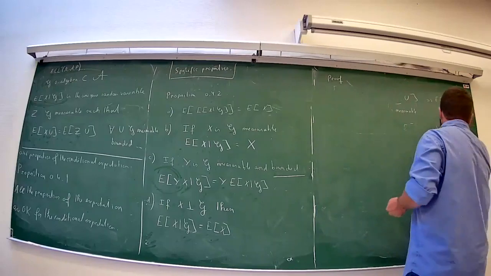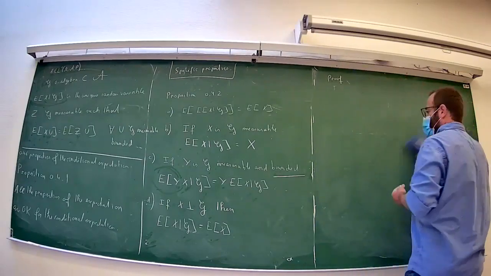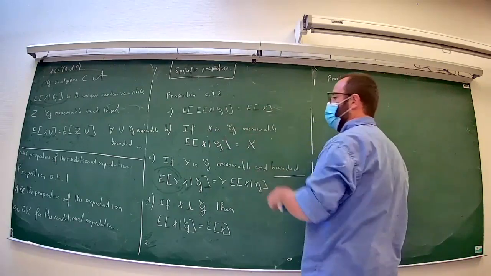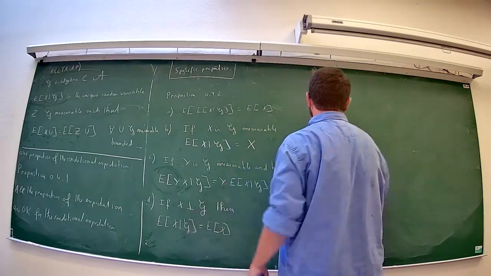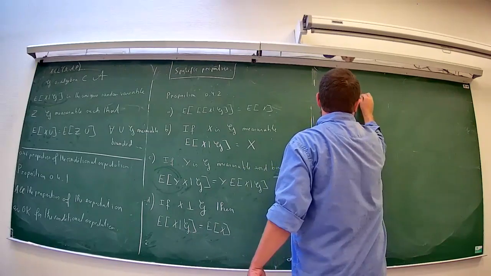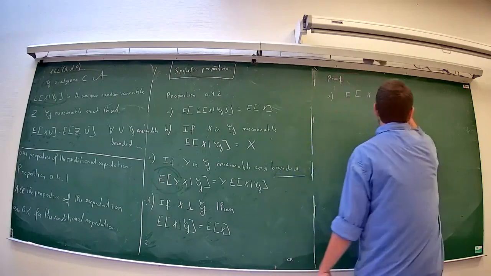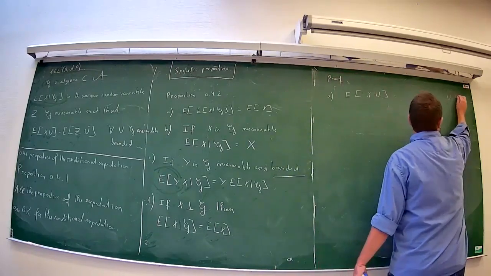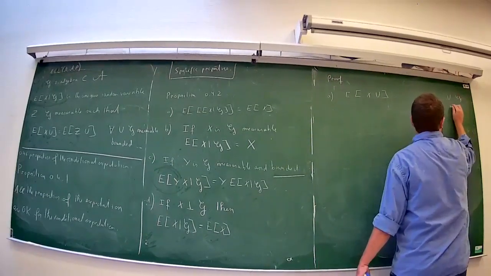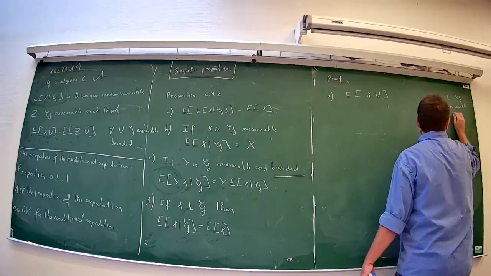Once again, I come back to the definition. What is the definition? If I am interested in this term, I consider the expectation of x times u, for u J measurable and bounded.